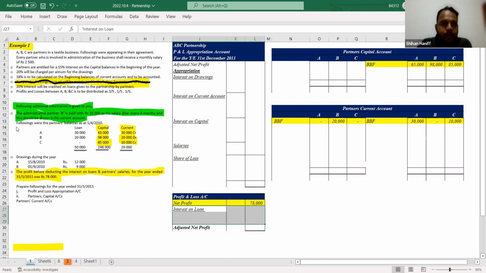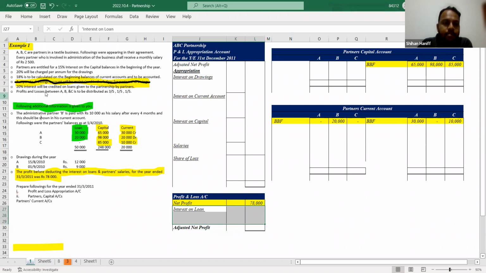Right? And the following partners' balances, we took everything, and there is a loan. Okay, before the salary, let's do the interest on loan. Loan A and B only, 30,000 and 20,000.